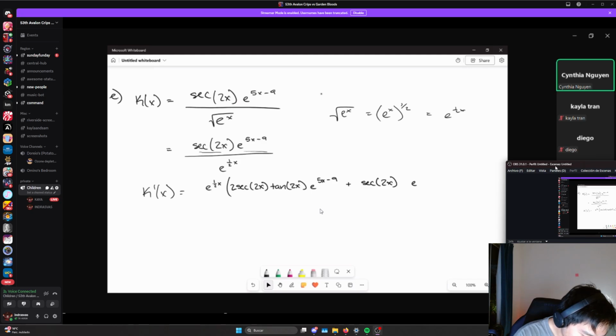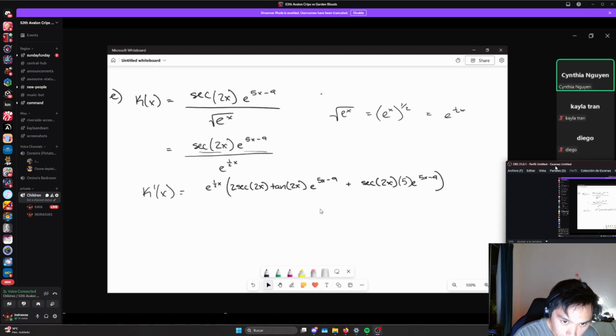The function on the inside is 5x minus 9, and on the outside it's e to the whatever. So the derivative of e to the whatever is e to the whatever multiplied by the derivative of the thing on the inside. The derivative of 5x minus 9 is 5. And that was just product rule for this first bit.